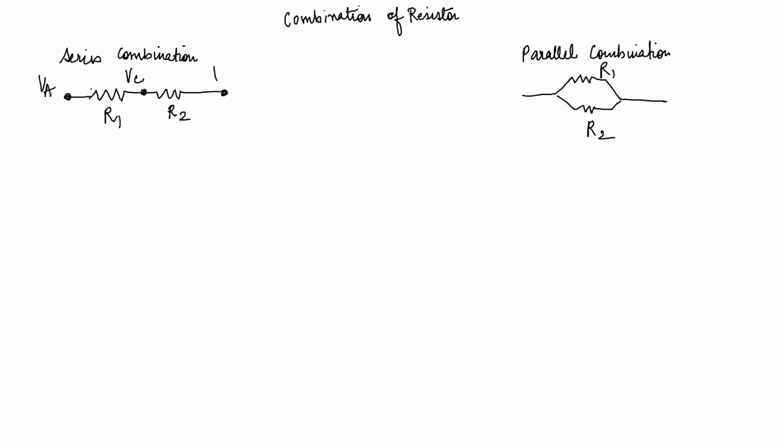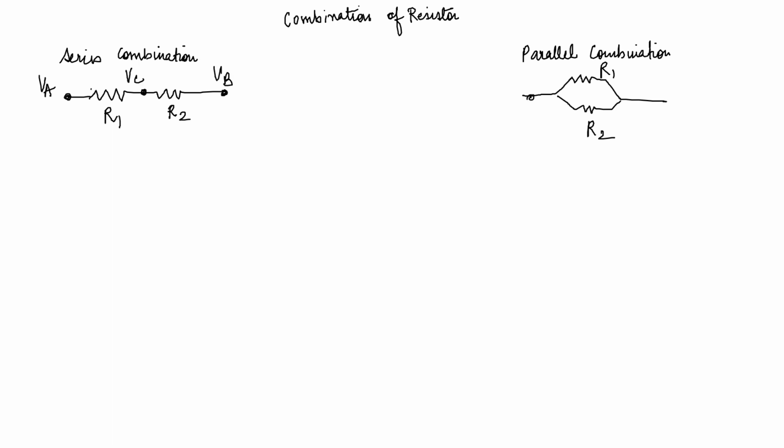The circuit diagram for the series combination looks like this, and for the parallel combination it looks like this. If we name the resistances R1 and R2 over here, and also over here, we will have three potential differences here: VA, VC and VB.